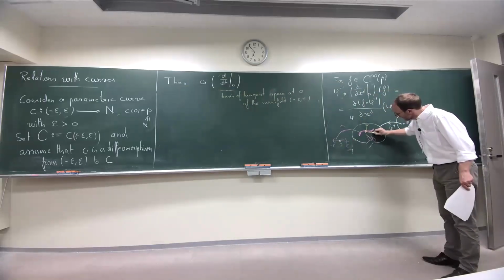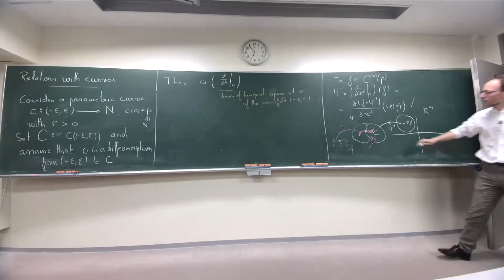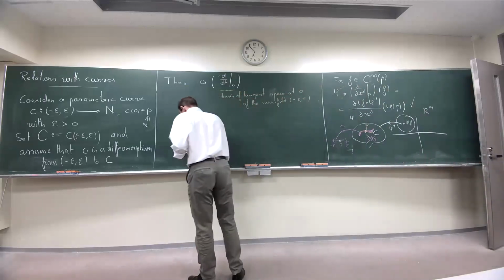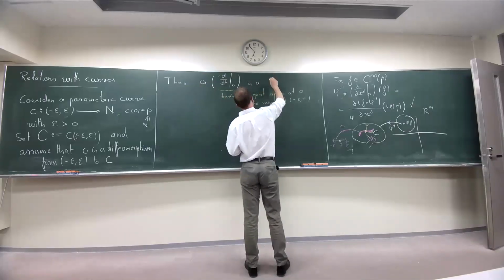I represent it like I used to represent it, but it's not in a bigger space. So by definition, this is a tangent vector.